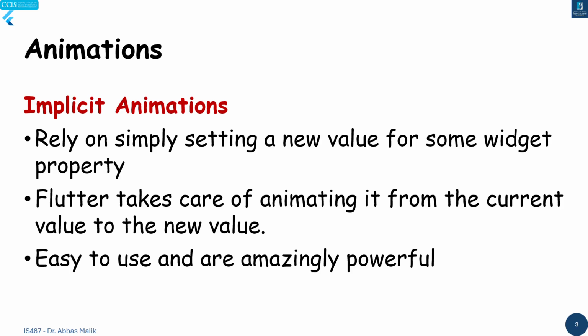For example, the background color is green, and later on we provide orange, so it will transform that background color from green to the orange or the yellow that we have assigned. It will automatically do the conversion or the transformation from one background color to the other. Easy to use, amazingly powerful, of course.